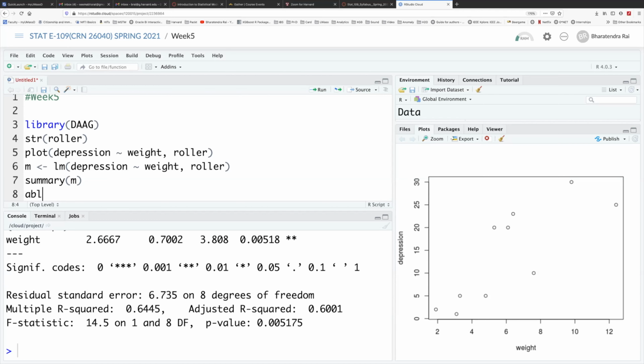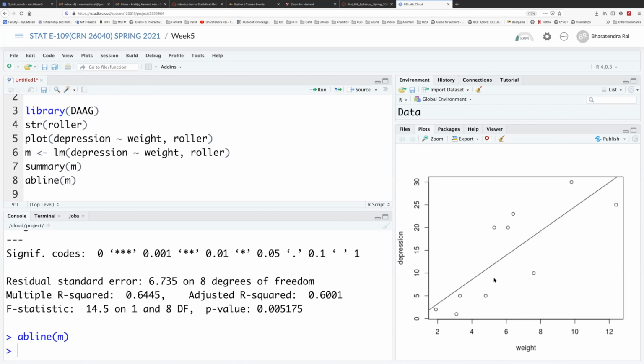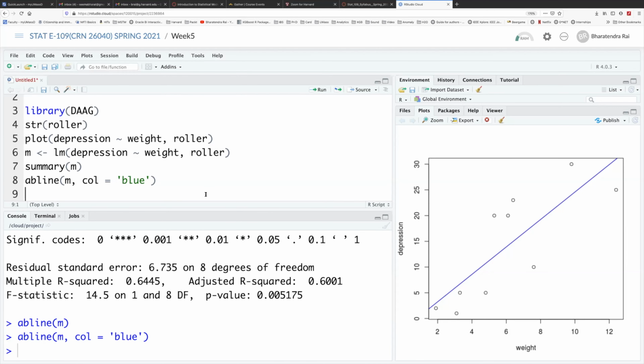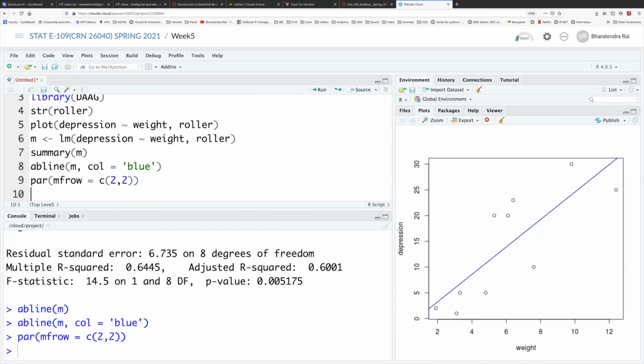You can also use abline(M) to draw that straight line. And if you want to plot those 4 plots 2 by 2, in 2 rows and 2 columns, we can use this and simply say plot(M). It gives you the first plot that I was showing you.